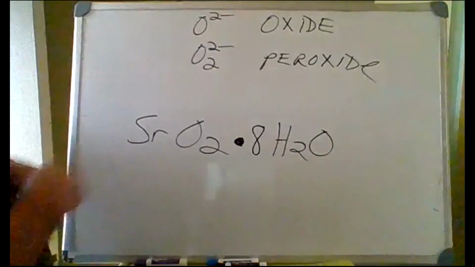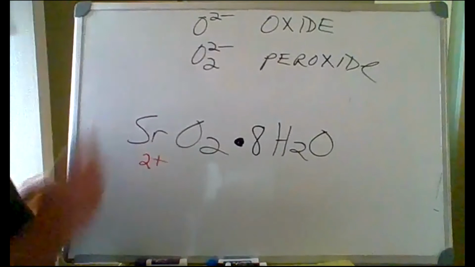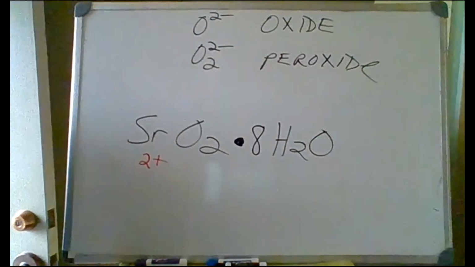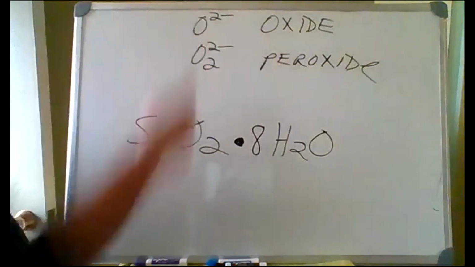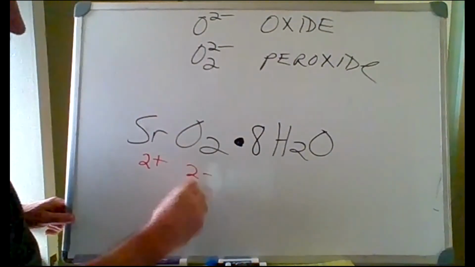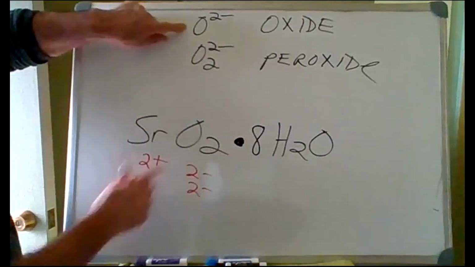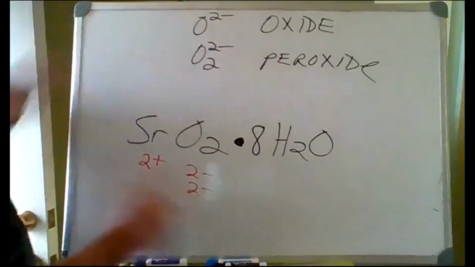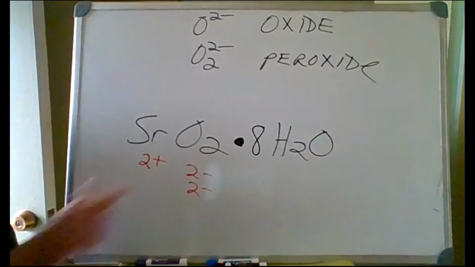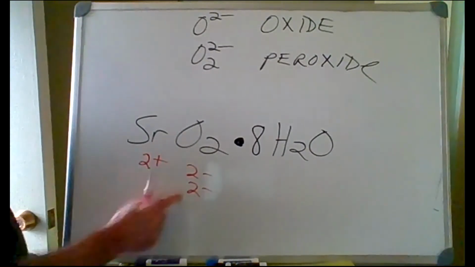Let's take a look. Strontium's charge is +2. Now, if this were 2 oxides, each one of them is -2. This is not neutral. I have 2 positives and 4 negatives.